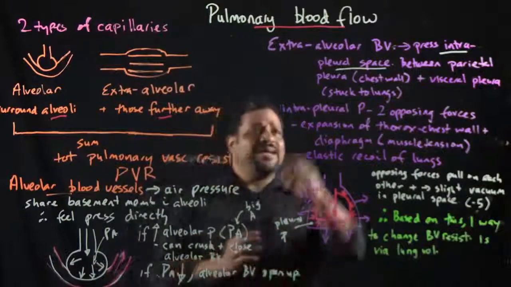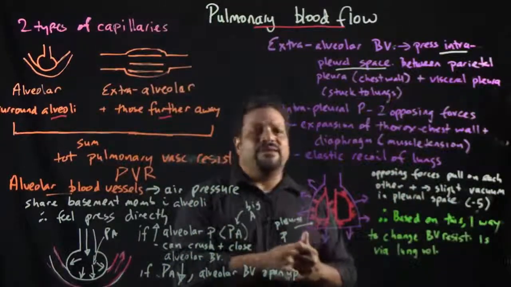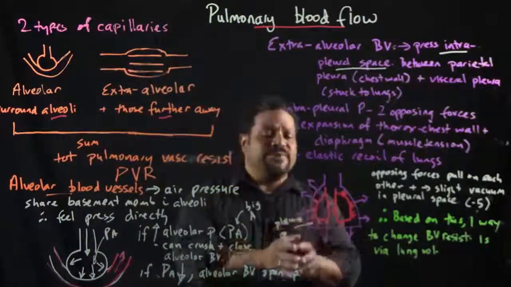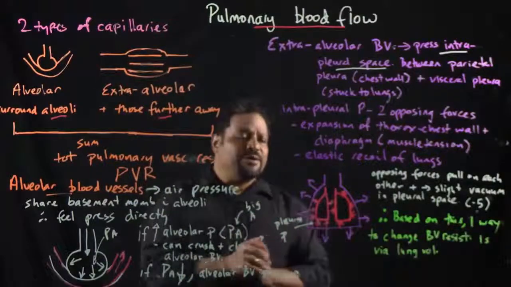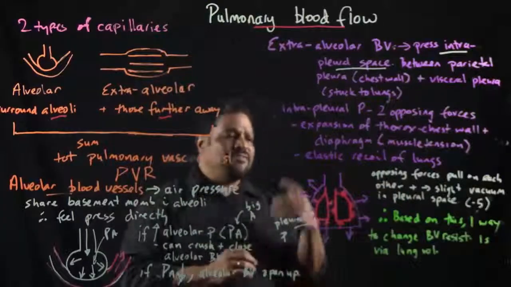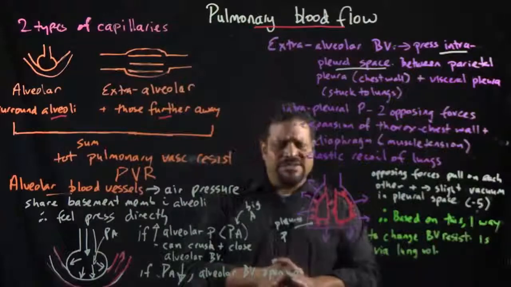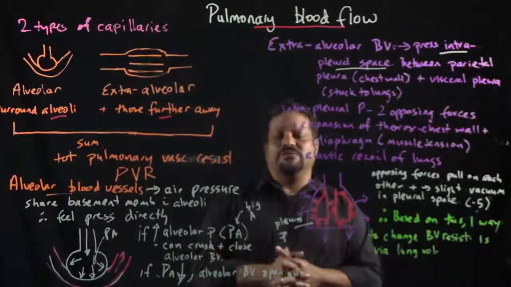Meanwhile, the extra-alveolar blood vessels depend on the intrapleural pressure, which is basically the pressure between the lungs and the chest wall, where you have opposing forces: the thorax pulls out and the lungs pull in, giving basically a negative pressure in the pleural space. So the change in that pleural pressure changes the resistance in the extra-alveolar blood vessels.